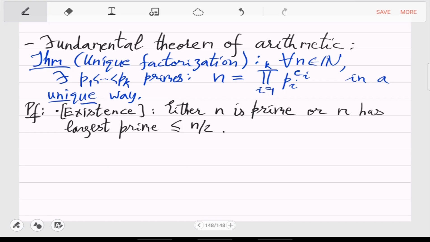So overall, the range is kind of clear for your algorithm. You go from 2 to n by 2, those are your primes, and you divide by each as much as possible, you get the Ei's. And by the way, Ei's I assume to be positive. I don't want it to be 0, and I want P1 to be at least 2.